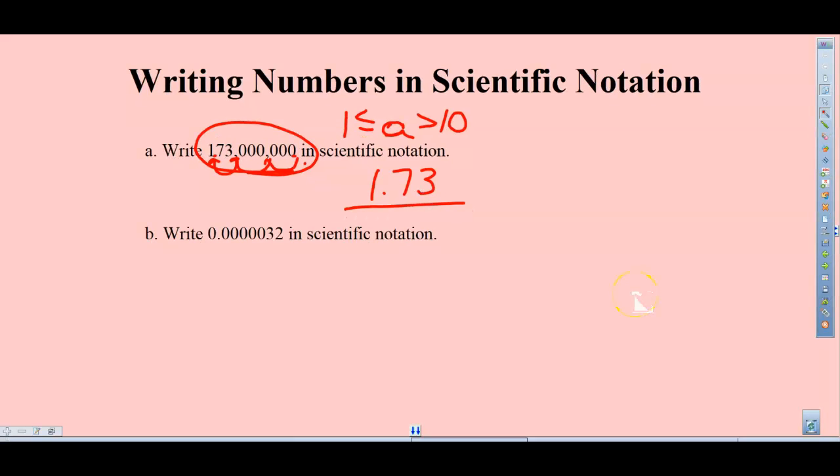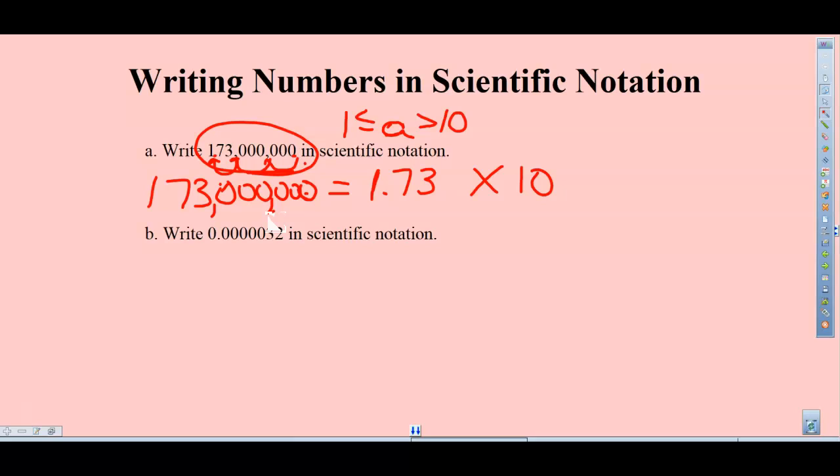Then we're going to take that 1 and 73 hundredths and multiply it by a power of 10. Keep in mind that these two formats need to be equivalent to each other. Whatever power of 10 we multiply 1 and 73 hundredths by needs to be equal to 173 million. So how would I get 1 and 73 hundredths back up to 173 million?